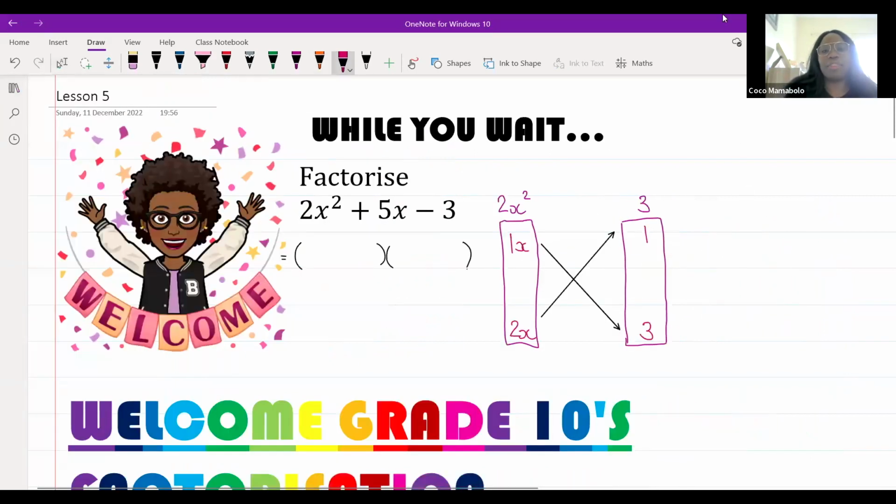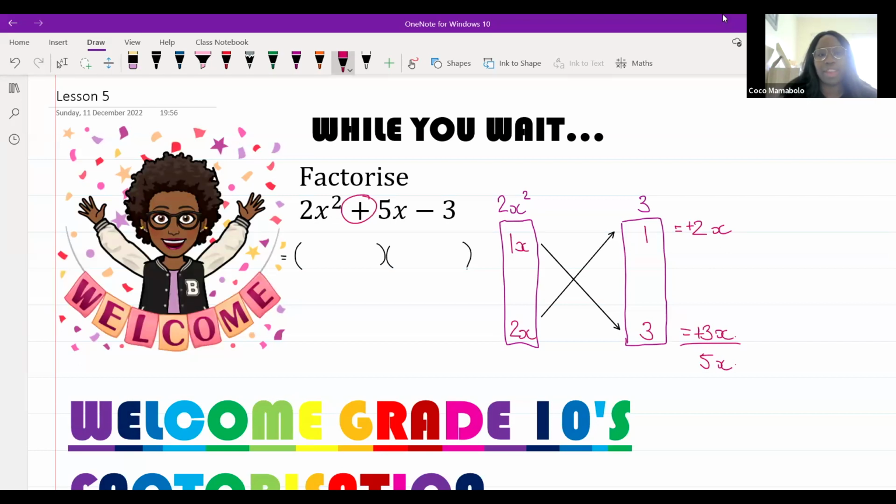All right, so if I multiply this way, I'm going to get 1x times 3 will give me 3x. And then 2x times 1 is going to give me 2x, which seems to work because 2x plus 3x will indeed give me 5x. And that's what I want in the middle.